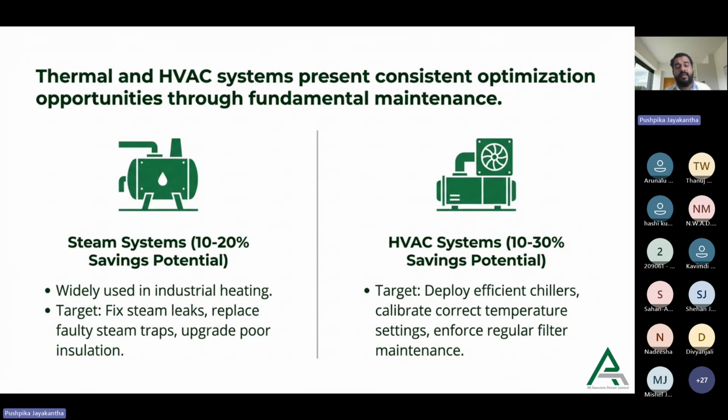And the AC systems are responsible for maintaining indoor temperatures and air quality. There are energy saving opportunities in these systems by installing efficient chillers, adjusting temperature set points, and improving building insulation. Optimizing the AC load systems can reduce energy consumption by again 10 to 30%.